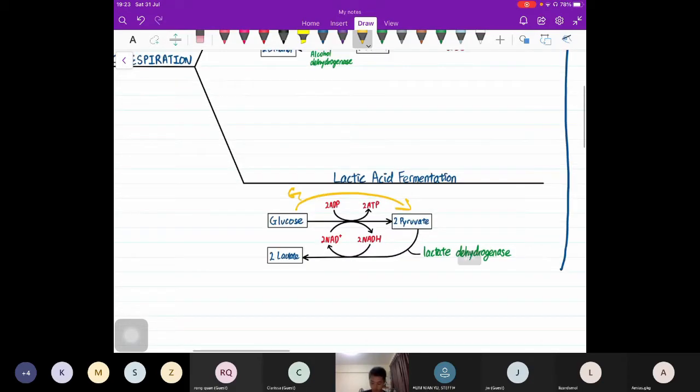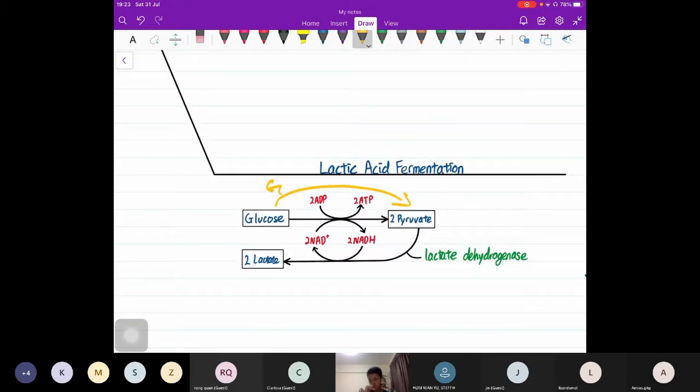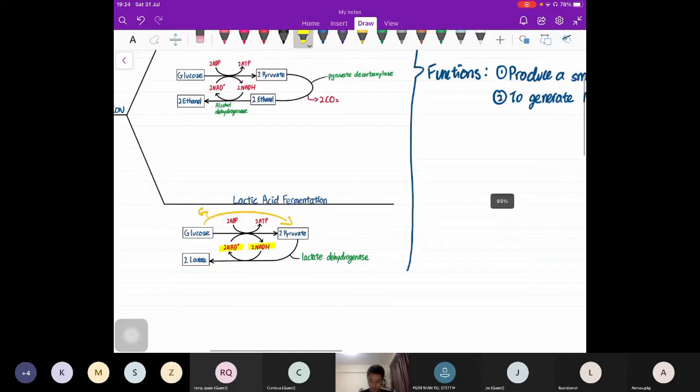It's a 3-carbon compound, therefore there's no loss of carbon and no CO2 produced. And then again, because the function of anaerobic respiration is to regenerate your NAD+, your NADH gets oxidized to your NAD+.